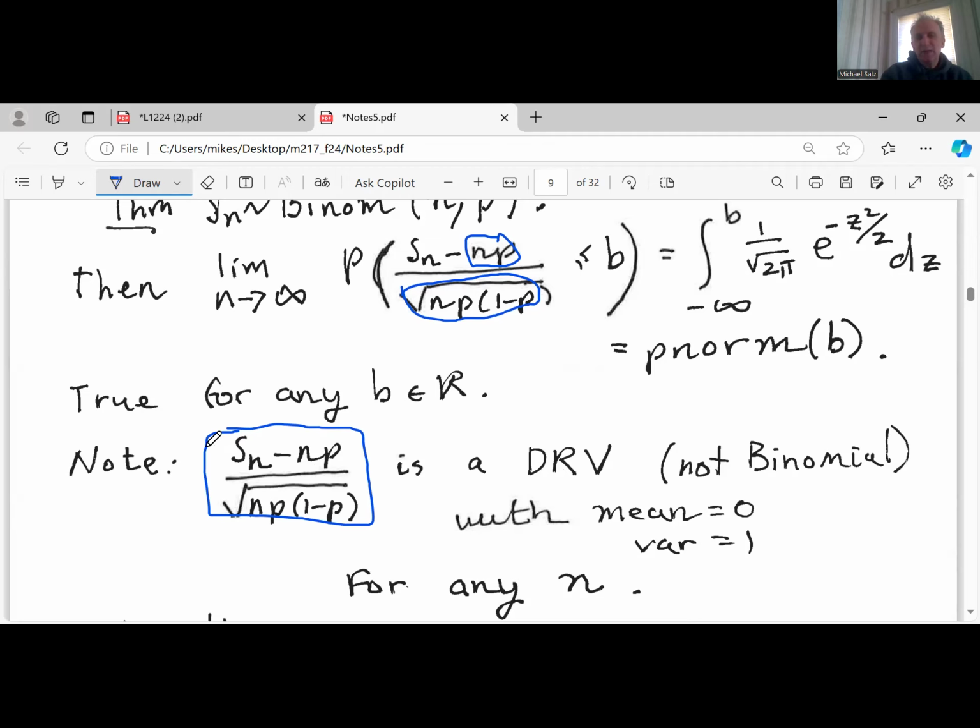Because if I were to take the expected value of this, you remember the rule about expected value, right? So if I have, say, the expected value of aX plus b, that's equal to a E[X] plus b. And what is the expected value of Sn?